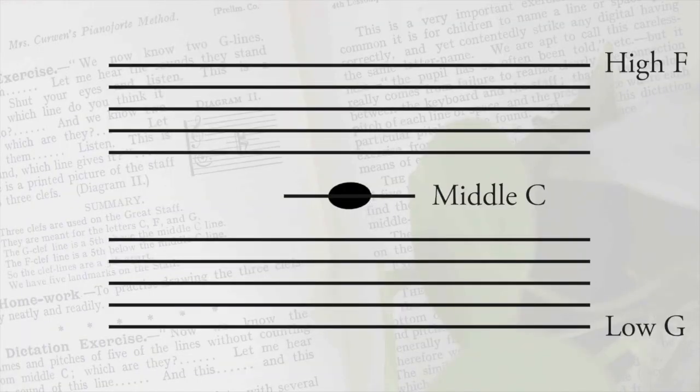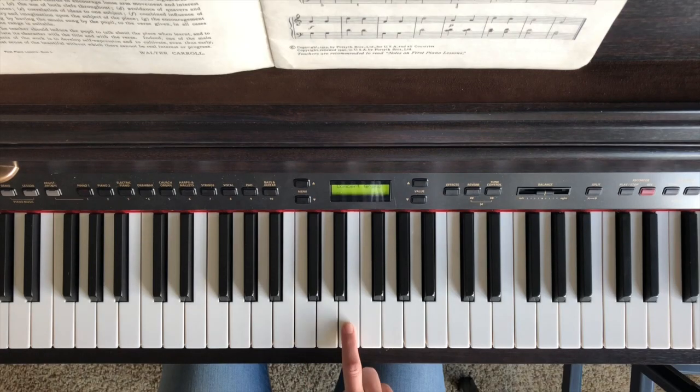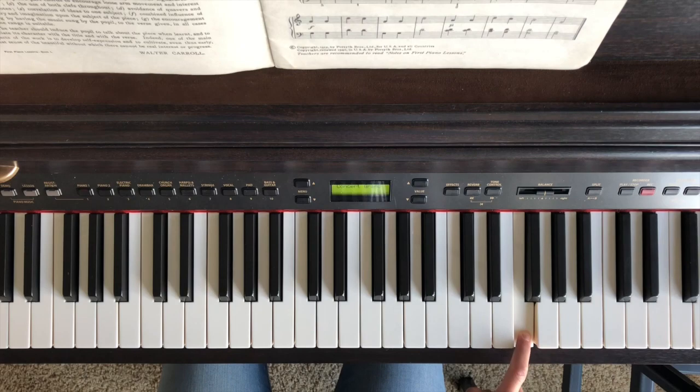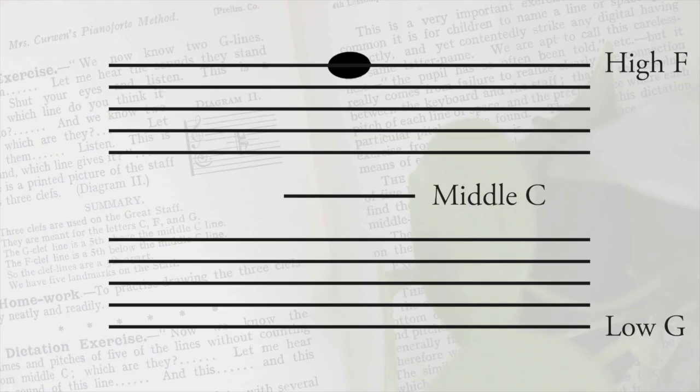We also learned the very top line of the staff. We learned that there are 5 lines that go up, so we counted up 5 times in thirds, and we found that the top line of the staff is high F. Then we also figured out what the bottom line of the staff was.